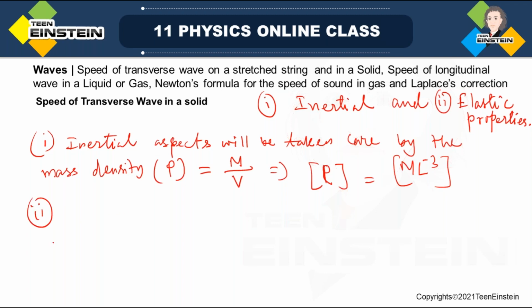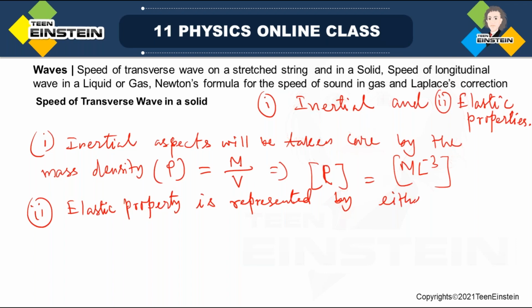So how do you take care of the elastic aspect? The elastic property is represented by either the elasticity of shape or modulus of rigidity, that is, the rigidity modulus.